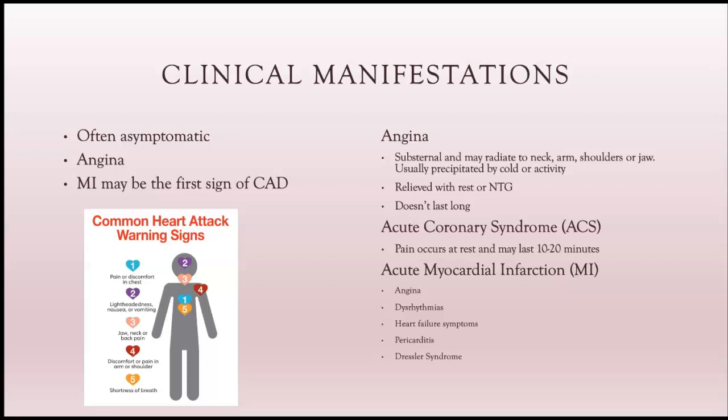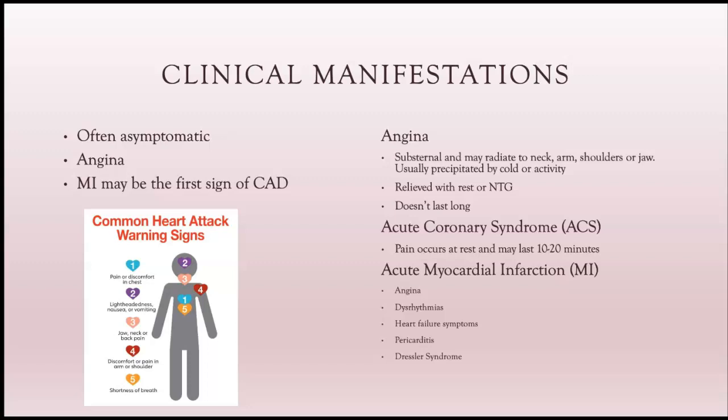If you have a client who develops chest pain at rest, they're not doing anything but sitting in a chair or a bed, and it lasts a little bit longer, between 10 to 20 minutes, then we characterize that as acute coronary syndrome.